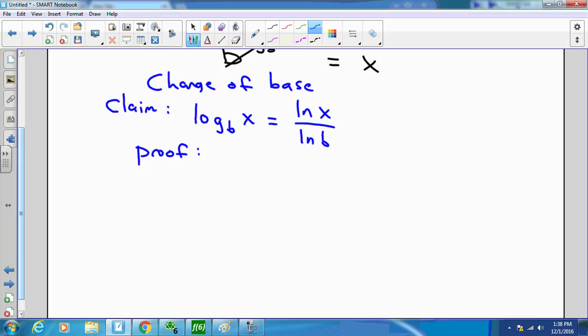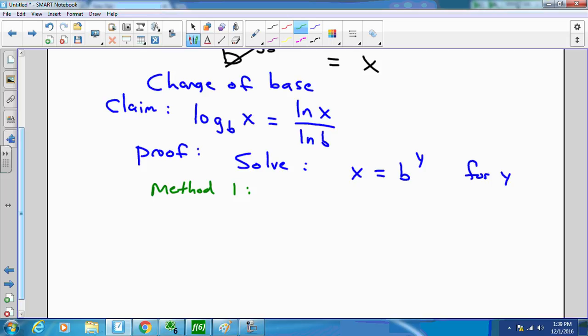What I'm going to do to prove this is compute log base b of x in two different ways by solving the equation x equals b to the y for y.